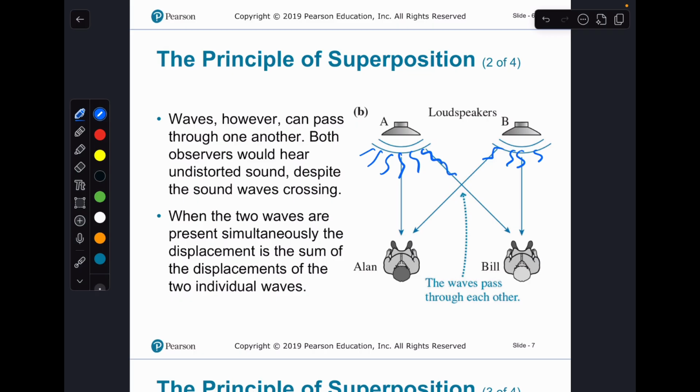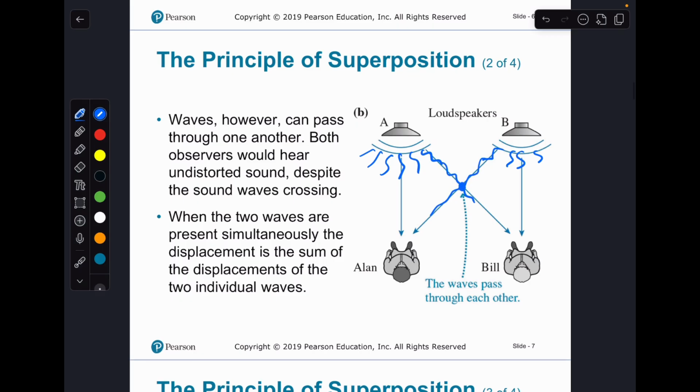If we select these two waves right here, what happens when they meet is different from what happens when physical objects meet. Physical objects like baseballs bounce off each other when they meet in the same location, but sound waves just cross each other and continue on their merry way.